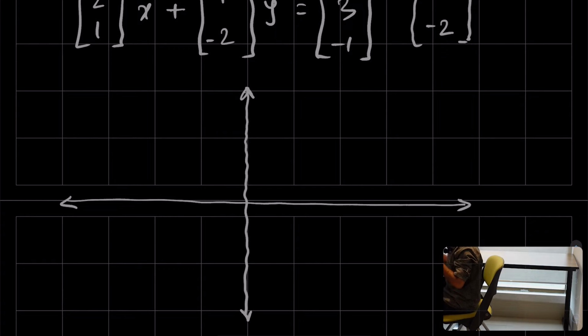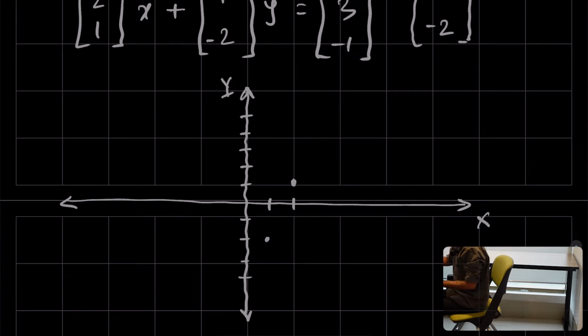If I plot this list of numbers 2, 1 as coordinates of this two-dimensional space R2 plane, this is the point, and the second one is 1, minus 2, so 1 and this is minus 2.